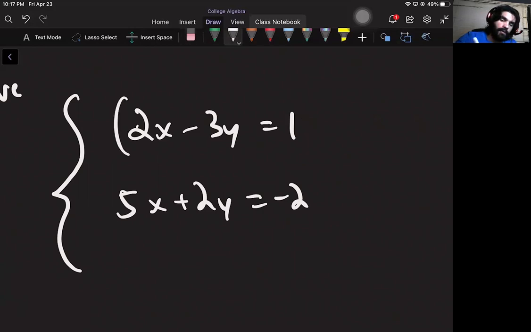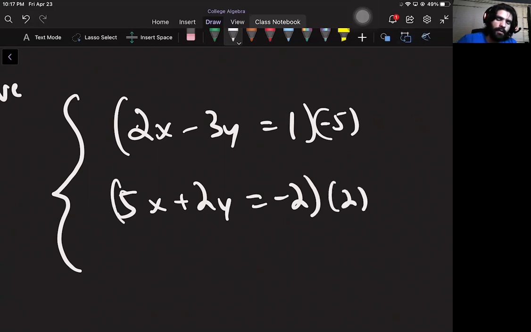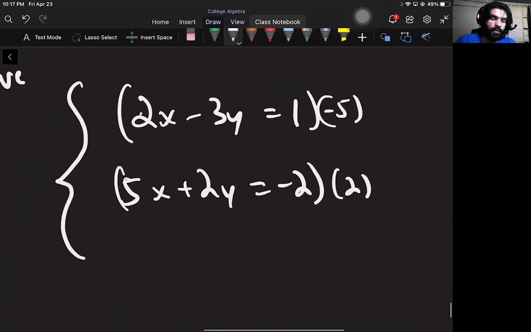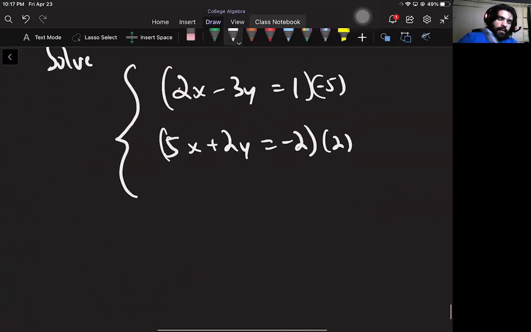How about instead, I just multiply by -5. And at the same time, I multiply the second equation by 2. So we can adjust both equations at the same time. So then what do we get?